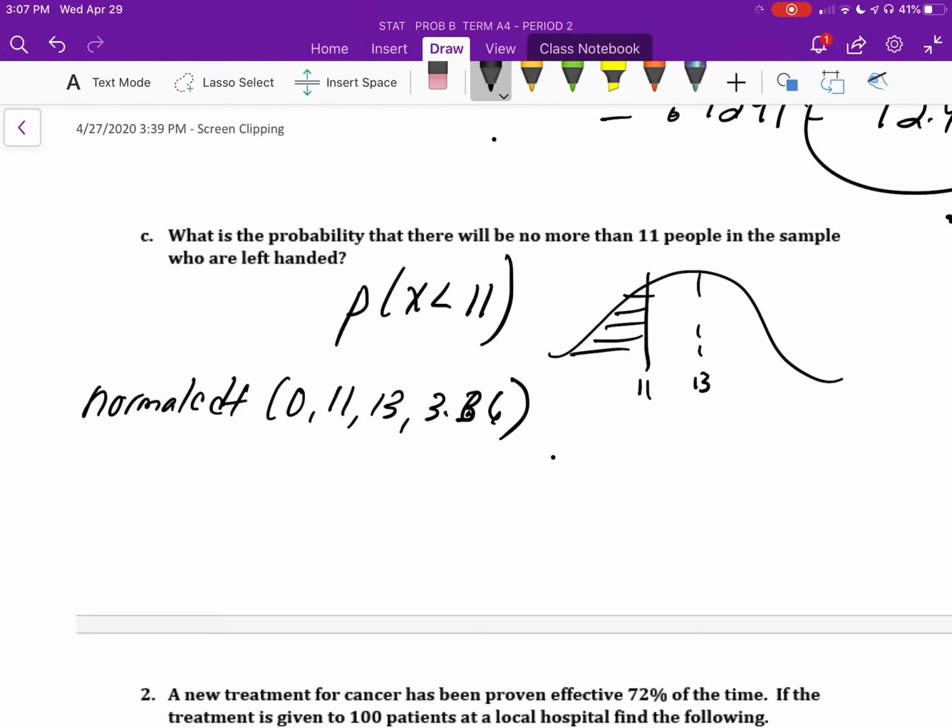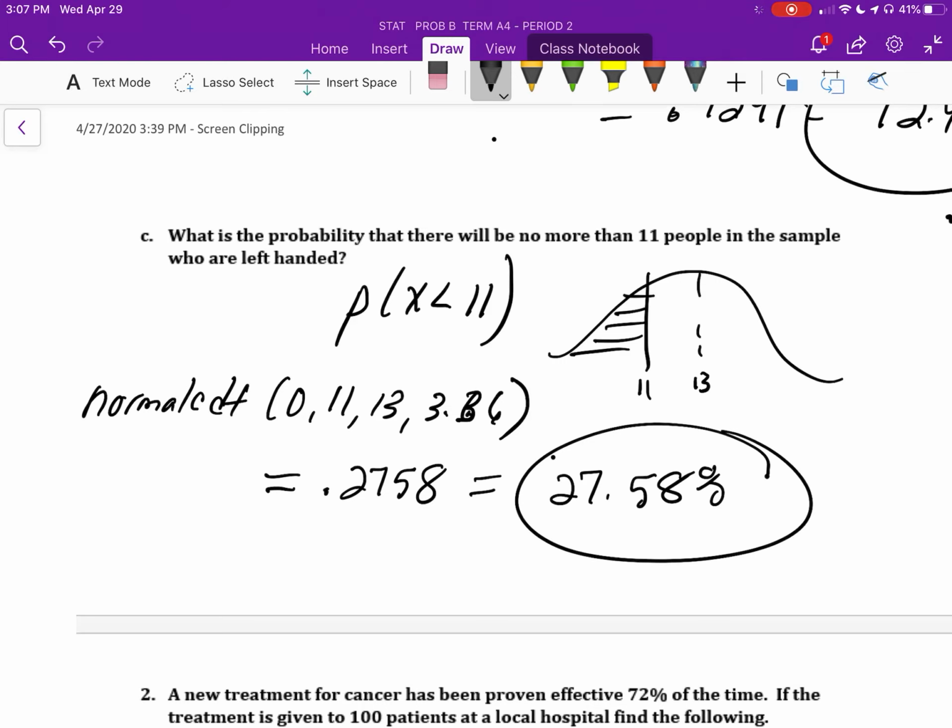So this comes out to be 0.2758, which is very similar to the previous example, 27.58%. Right, so that is our first look at the binomial distribution. And I will come back and do a video of the next part.